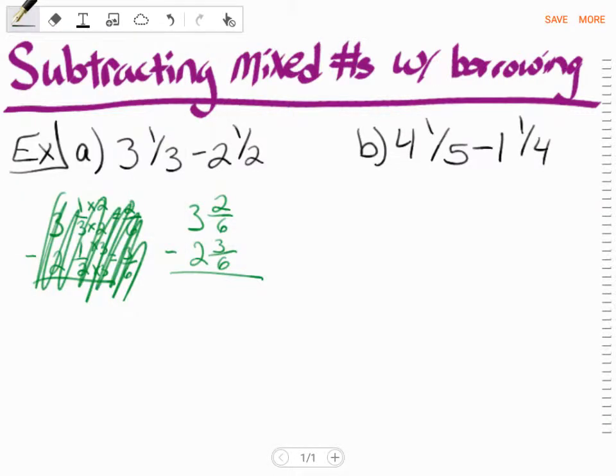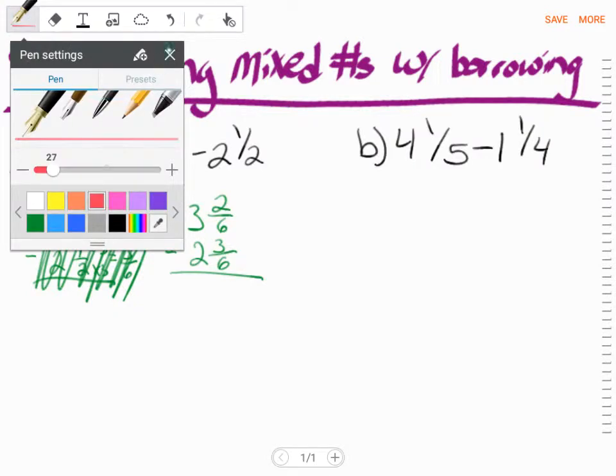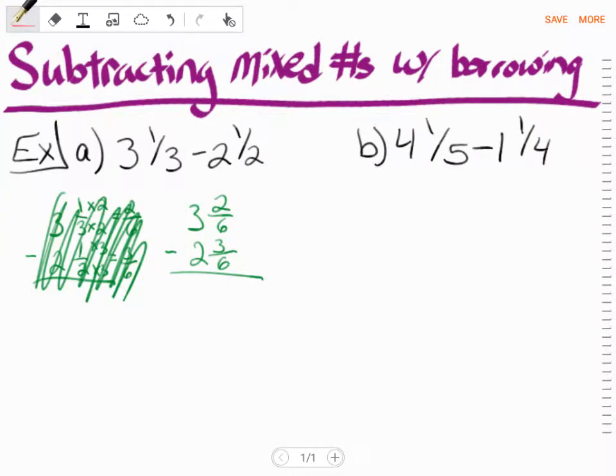I'm going to do this in a different color, so hopefully it stands out a little bit more. Maybe I'll use red. A lot of people were talking me through this in class the other day, and they knew that we had to cross these out and take 1 from the 3, so it becomes a 2.